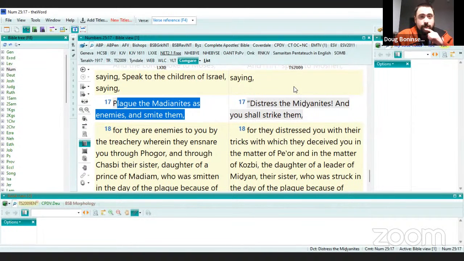So the NIV again improvises, uses the LXX there. Go ahead, Brother Joshua. If he's telling the children of Yahshua to do this, how do the children of Yahshua plague the Midianites? I guess by killing them.